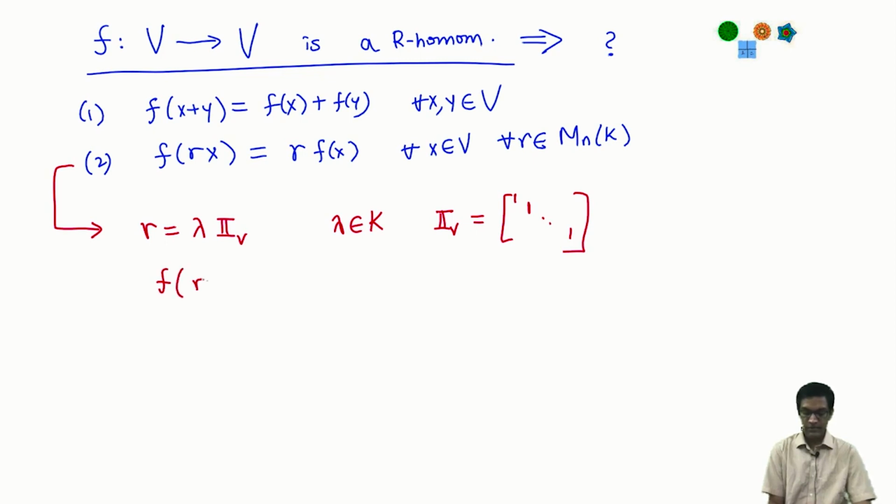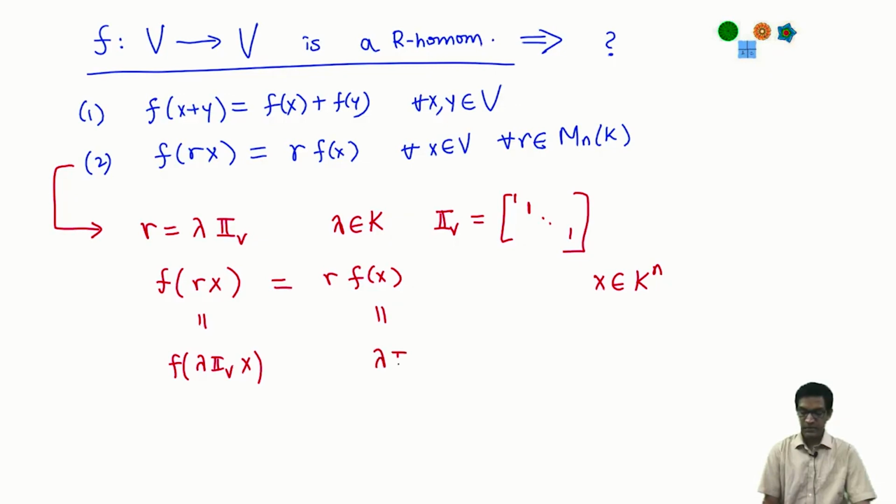So I have f of Rx should be R fx. Now what is f of Rx? By definition I have to act lambda times identity on x. So this is f of the matrix lambda times identity multiplied with the vector x. Recall x now is a column vector here. The right hand side is again I have to multiply the lambda identity with the column vector fx.